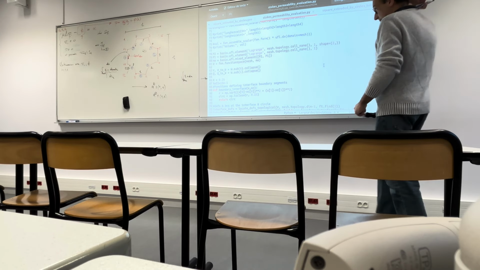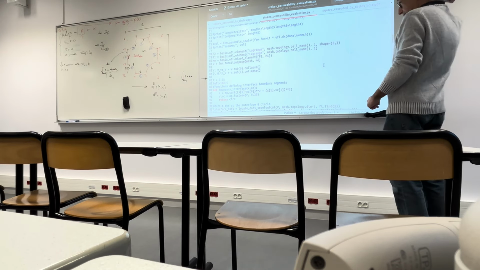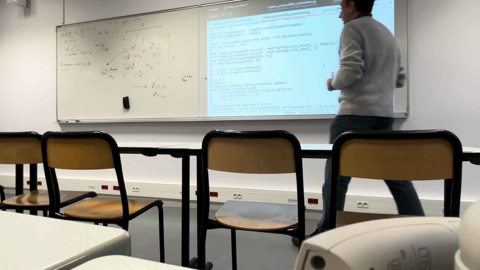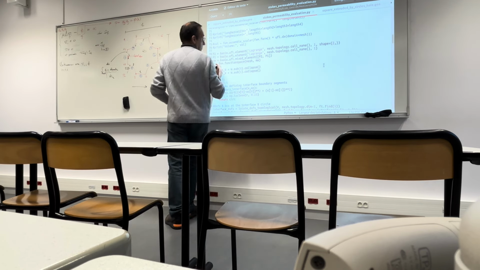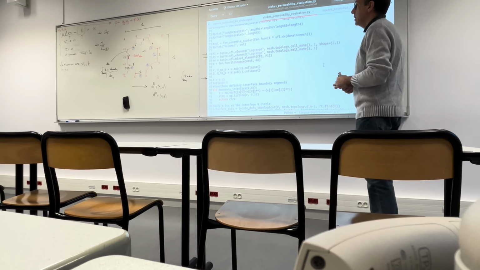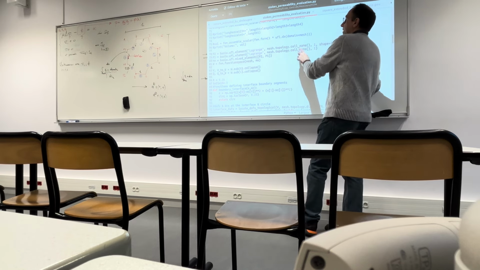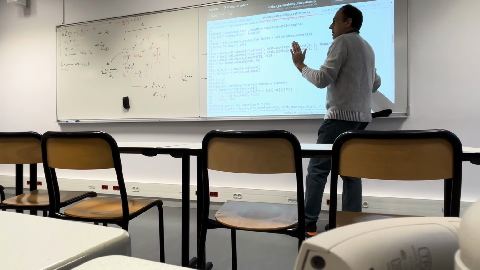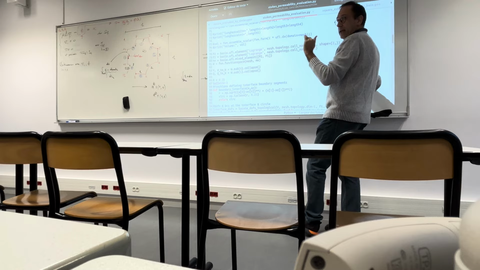So you see that we specify P1 and P2 as Lagrange elements. At this level, these are just two kinds of Lagrange elements. Lagrange elements means polynomial elements. Okay.